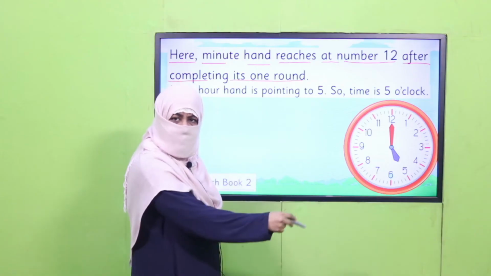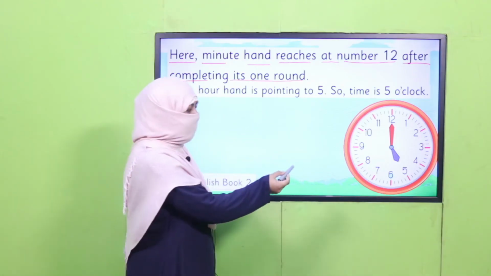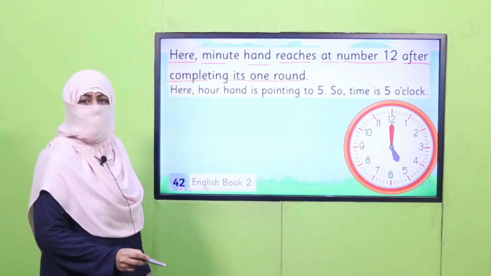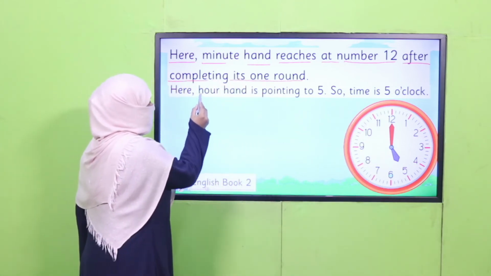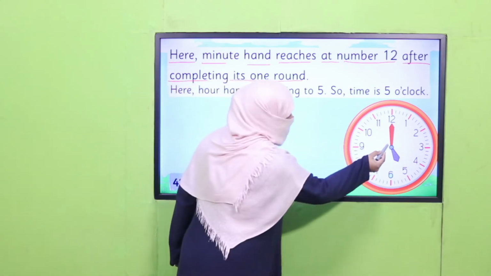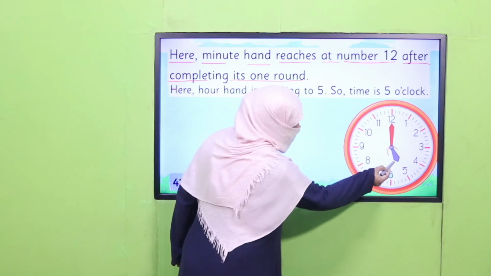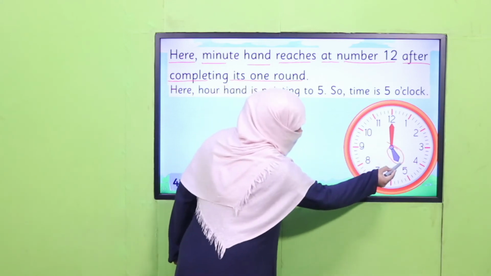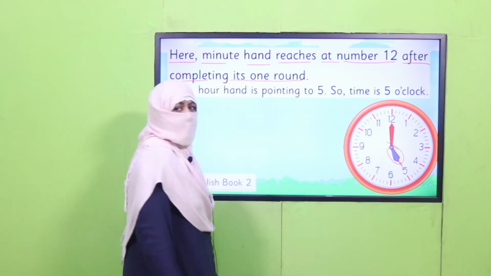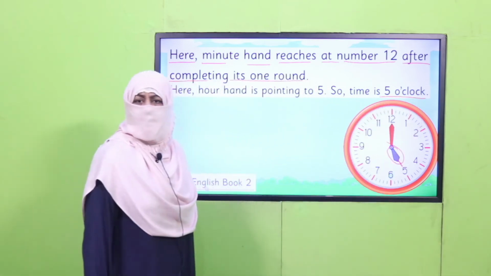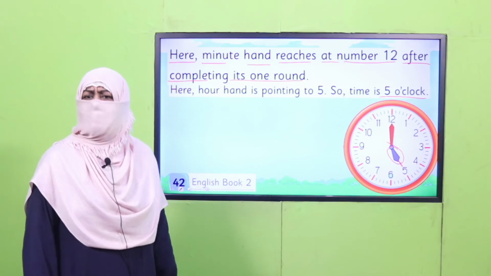When it completes its one round, again it reaches 12, and look at this clock, what time is it telling us? Because the minute hand is pointing to 12 and the hour hand, the shorter one, which number is it pointing to? Number 5. So it means it's 5 o'clock, right? Is it simple and easy?